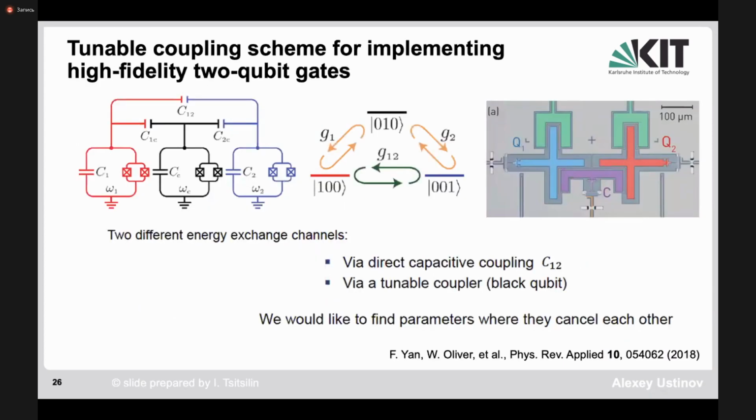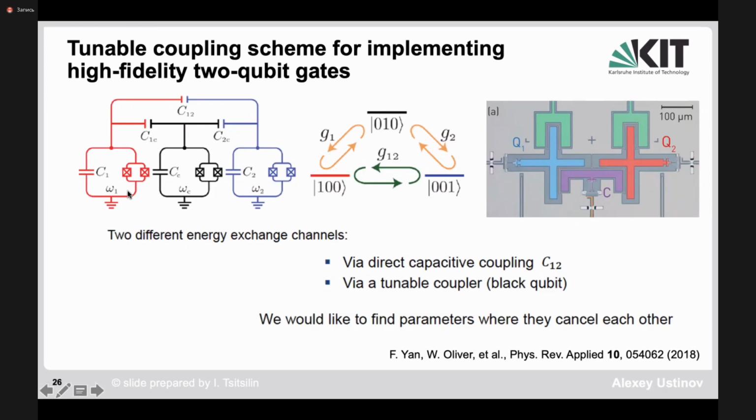Now more practical are the 2-qubit gates which are achieved with tunable couplers. And here you have an idea which was brought up first by the Google team, then also explored by other people. This particular study is the work of the MIT group led by William Oliver, published a few years ago.